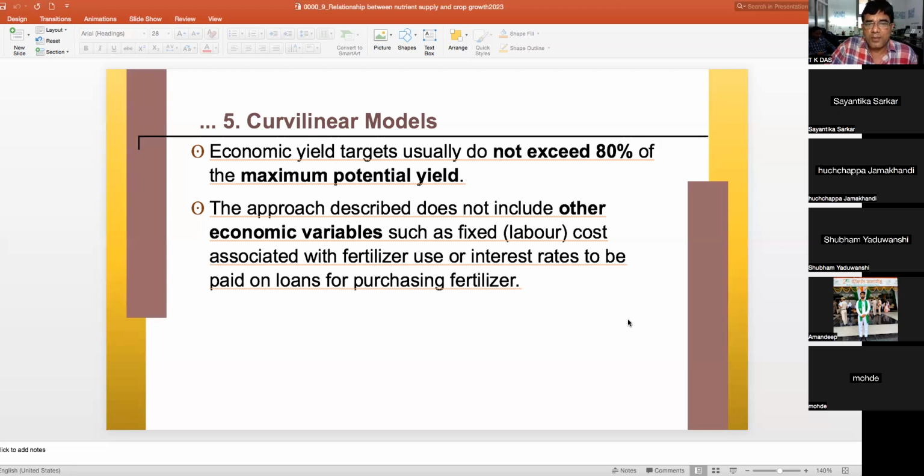The approach described does not include other economic variables. You are taking only one variable at a time, and even that one variable may be one nutrient only. So you do not take other economic variables, such as fixed costs associated with fertilizer use, interest rates to be paid on loans, or other kinds of costs. You are keeping other costs fixed.